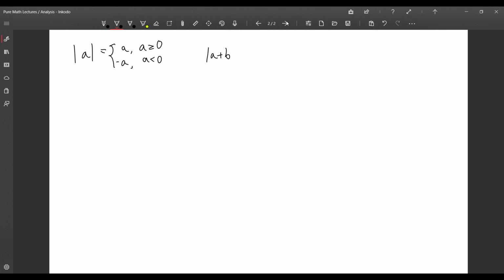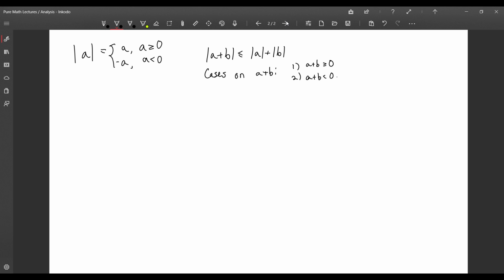Now, you should prove that for any two a and b, the absolute value of a plus b is less than or equal to the absolute value of a plus the absolute value of b. The proof of this, as I mentioned in the metric spaces video, uses cases on a plus b. The two cases are if a plus b is greater than or equal to 0, and a plus b is less than 0. So that should be a hint, but you should go through the proof for yourself.